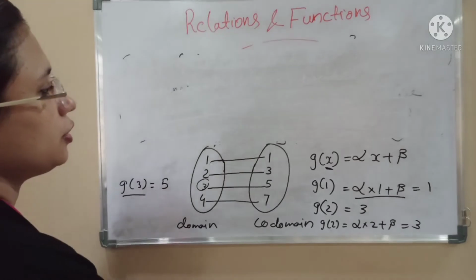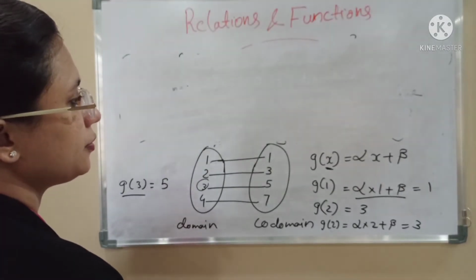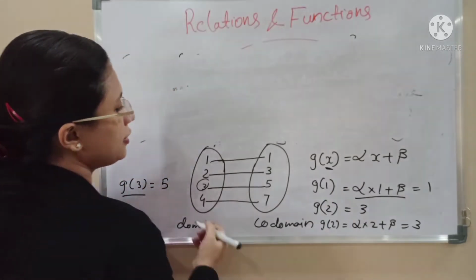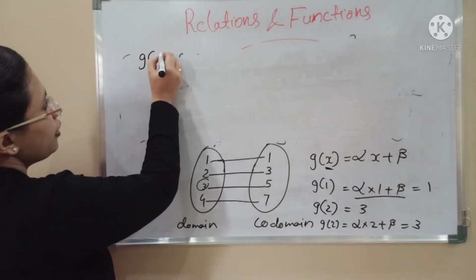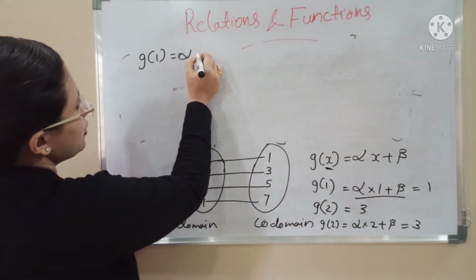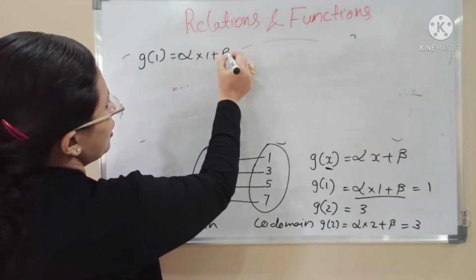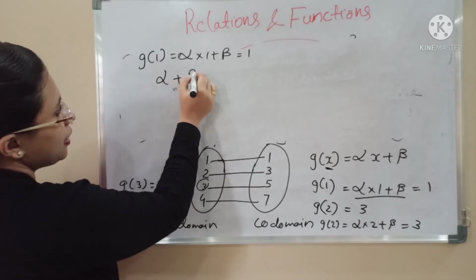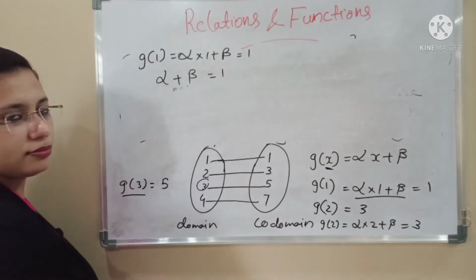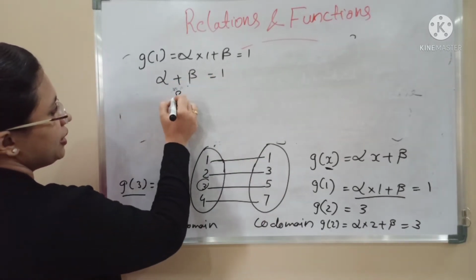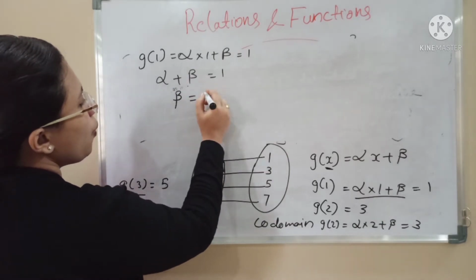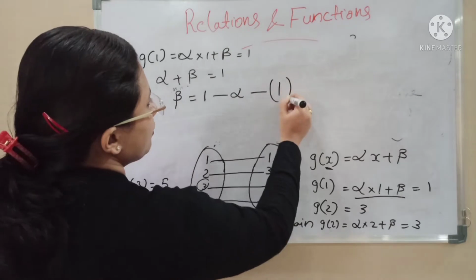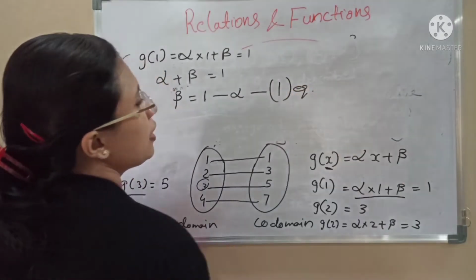Here we need to get the values for alpha and beta, right? So G of 1 equals alpha times 1 plus beta, which is equal to 1. So I can write it as alpha plus beta equals 1. If that is the case, then beta will be equal to 1 minus alpha. I am giving it as equation 1.